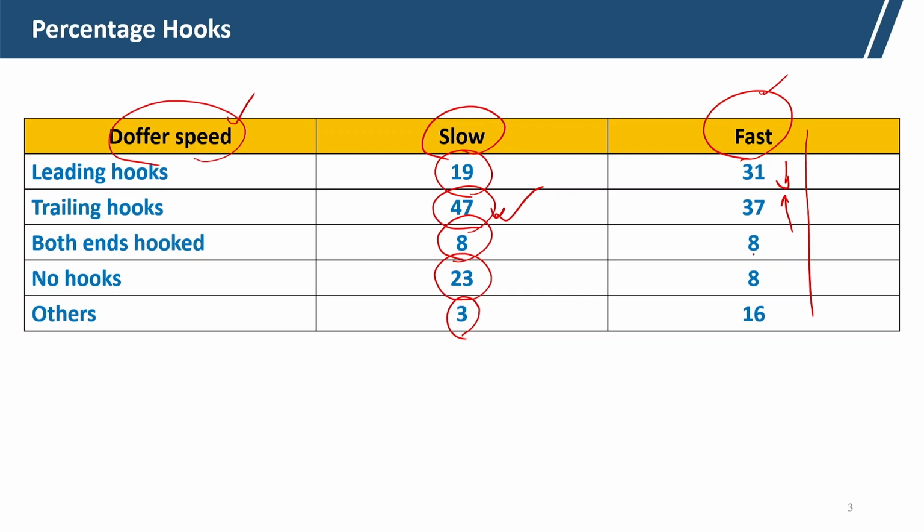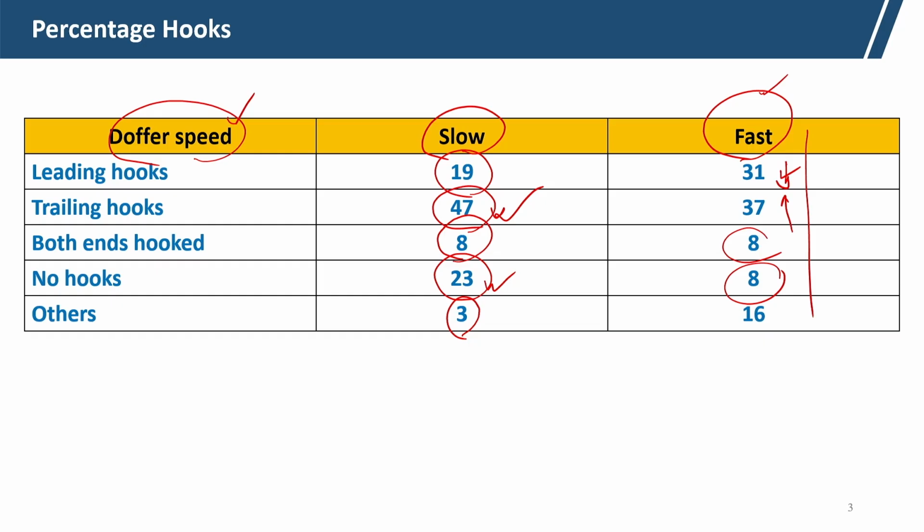The both-end hooks are almost the same, and the no-hook fibers reduce, meaning straight fibers reduce, mainly due to the increase in leading hooks.